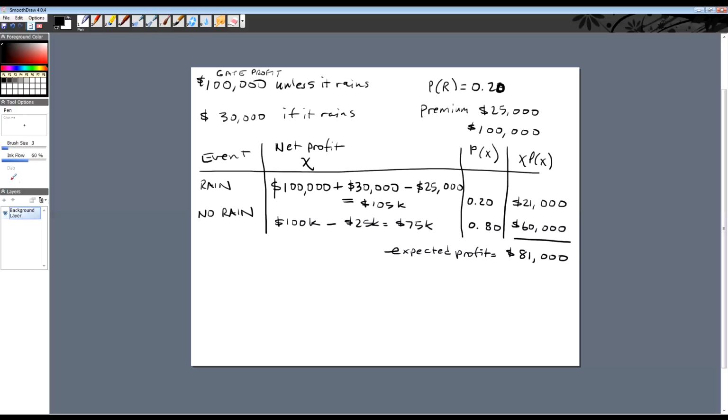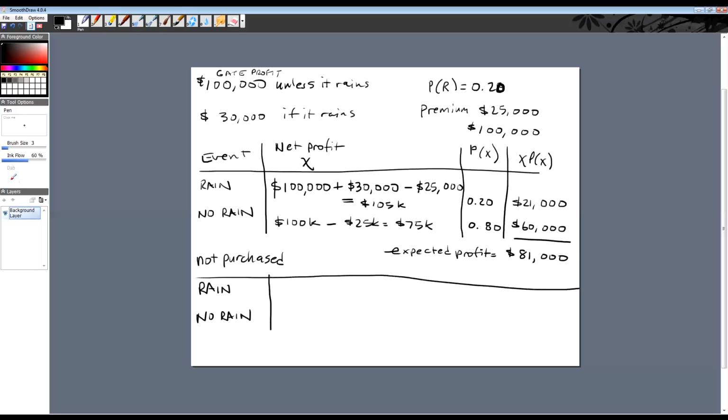Now, this is the expected profit when the insurance is purchased. Let's look at the expected profit when the insurance is not purchased. So, not purchased. Again, the event is rain, the event is no rain. His net profit is going to be $30,000 because if it rains, that's what he'll get.